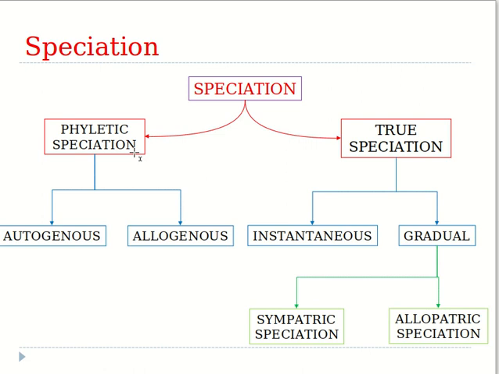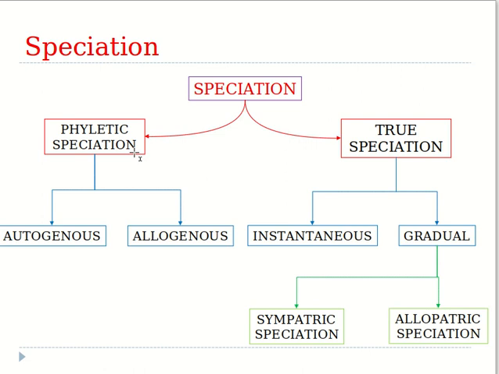At a time only one of them will be existing. When A evolves to B, A disappears, B will be there. When B evolves into C, B disappears and C is the only one which remains. That kind of speciation is what is referred to as phyletic speciation.